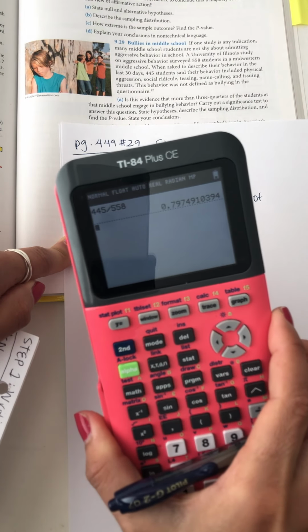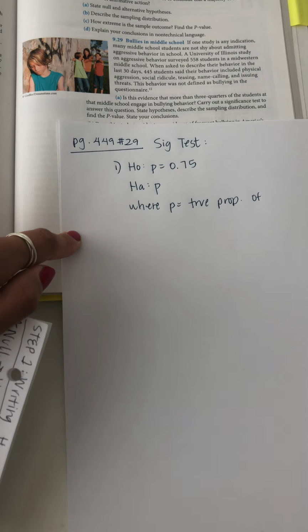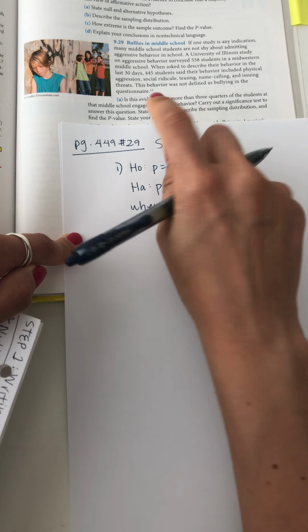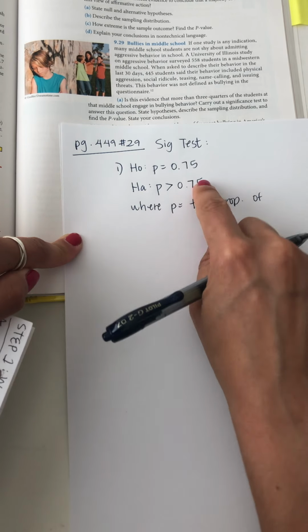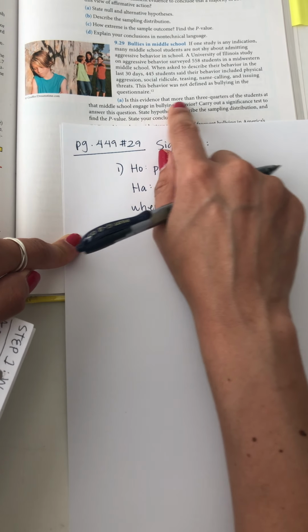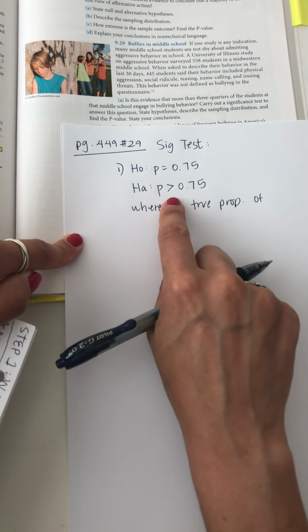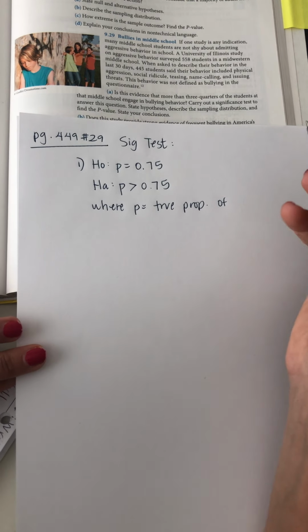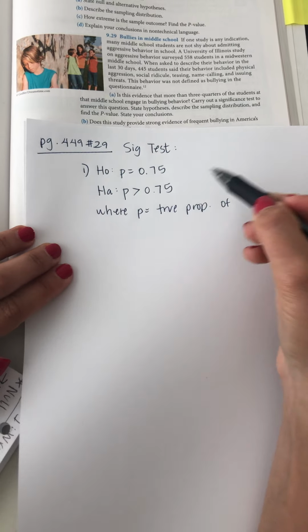My data says it's greater than 75%. Greater than 75%. Is there evidence to support that more than 3/4 have engaged in bullying?